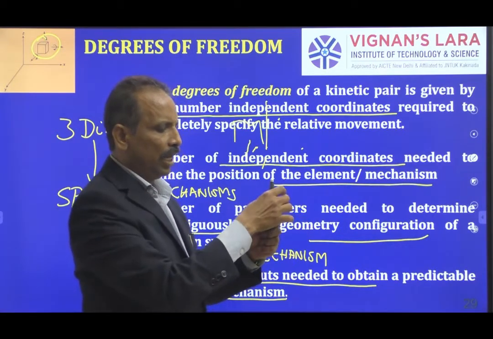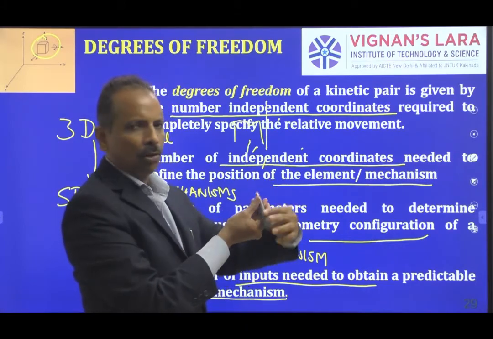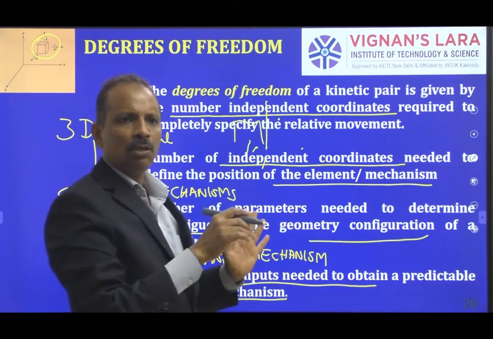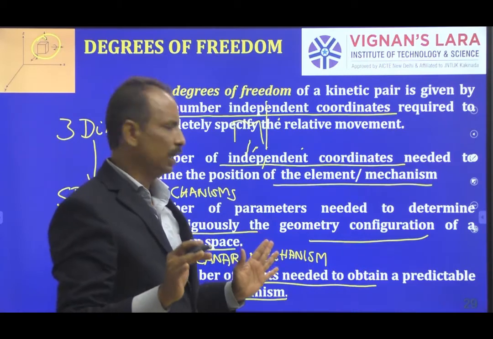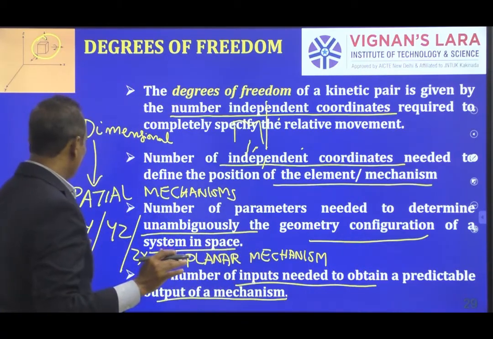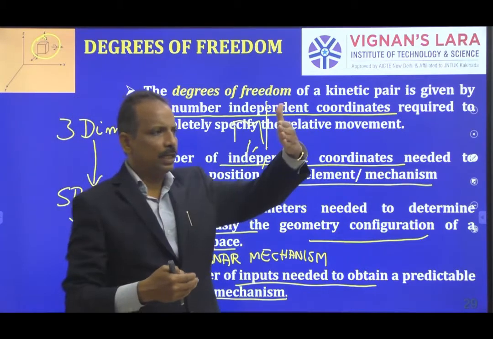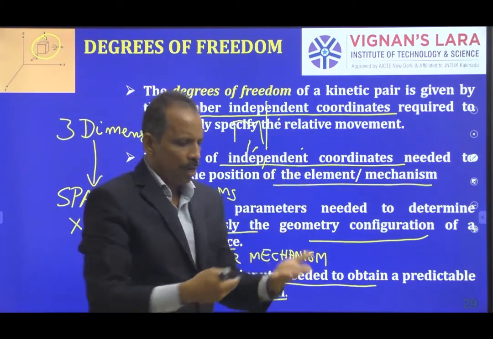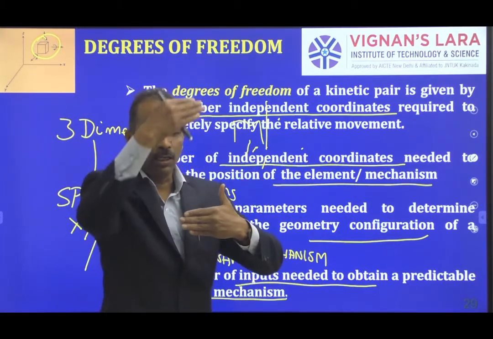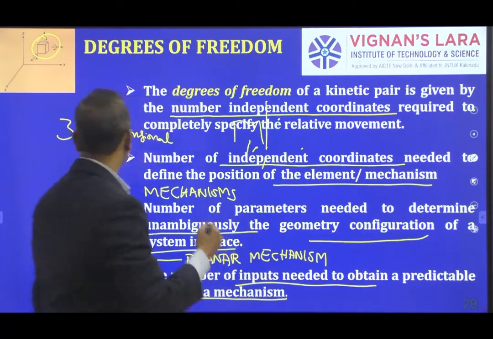You cannot roll like this, and you cannot roll like this, because your plane is not considered either xy or yz or zx. You can take any one, in this plane or this plane or this plane. 3 different planes.